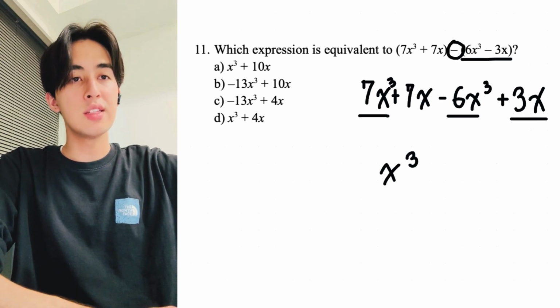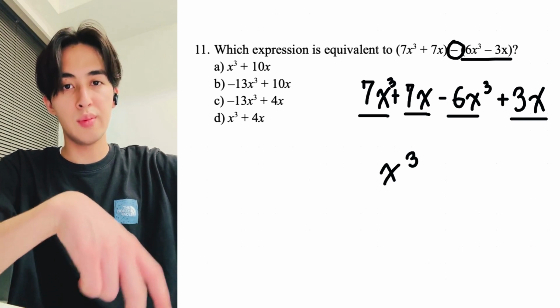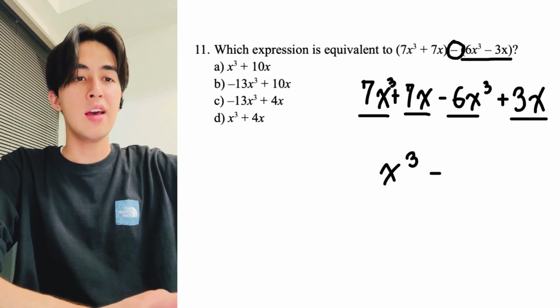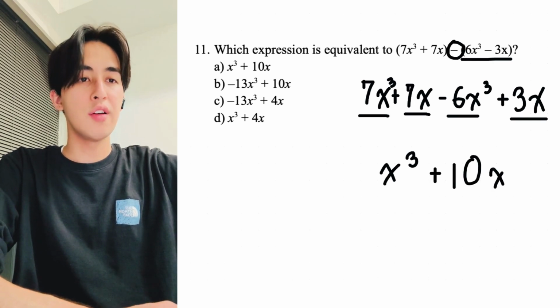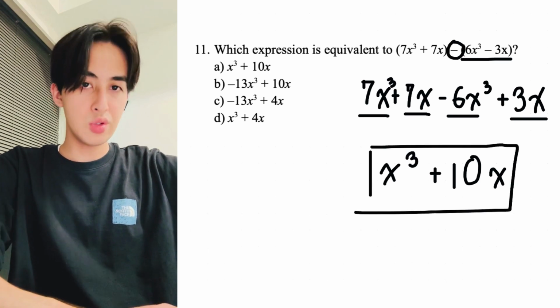Okay, what's left is the 7x and the 3x. You just add them together, so 7 plus 3 equals 10. So 10x. So this is what you're left with: x cubed plus 10x, which is your answer.